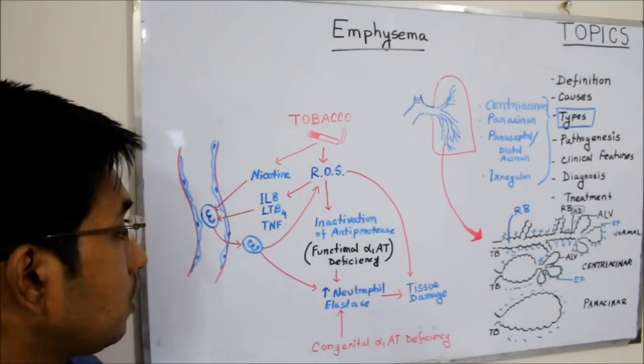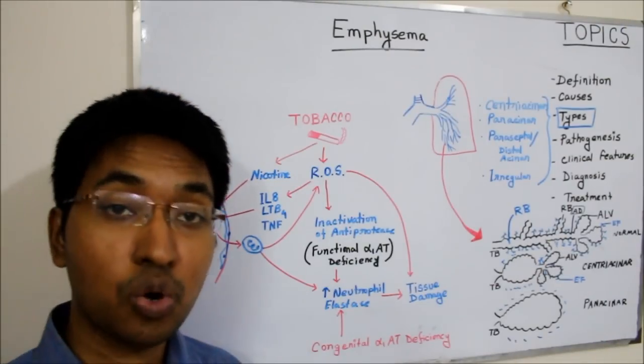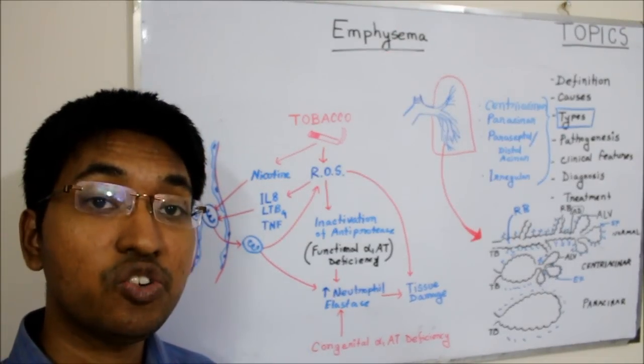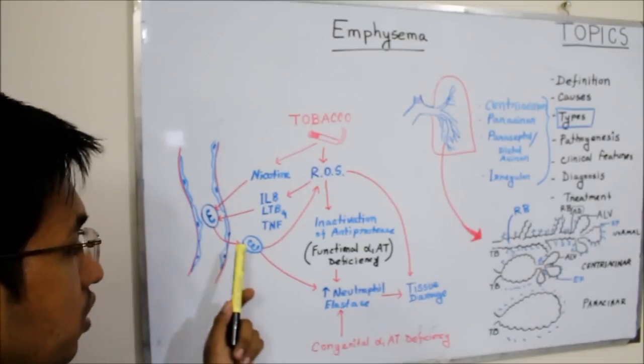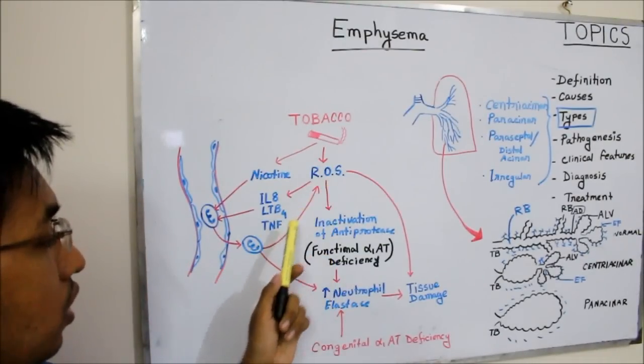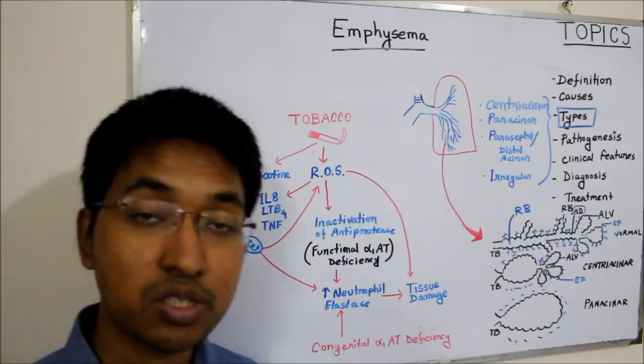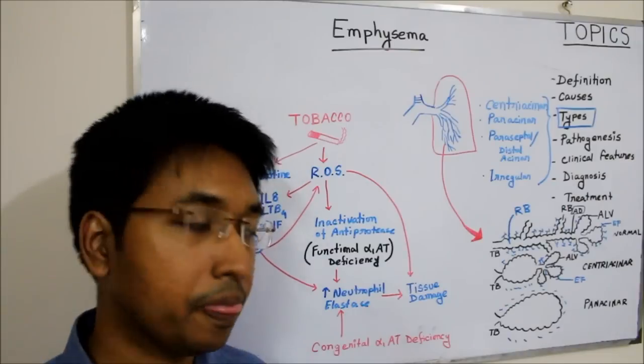And one important thing you have to know, neutrophils, when activated, also release reactive oxygen species. So as you can see, I have shown with this arrow, neutrophils coming, and then they are also releasing reactive oxygen species themselves too.